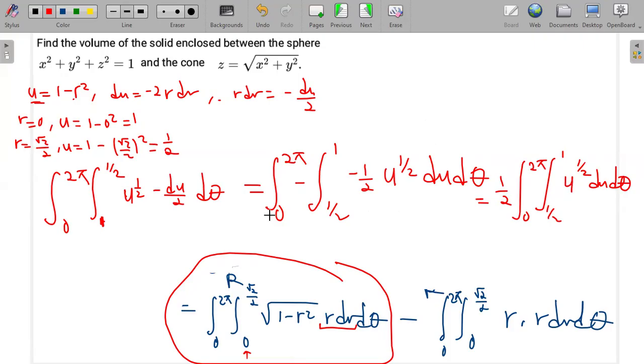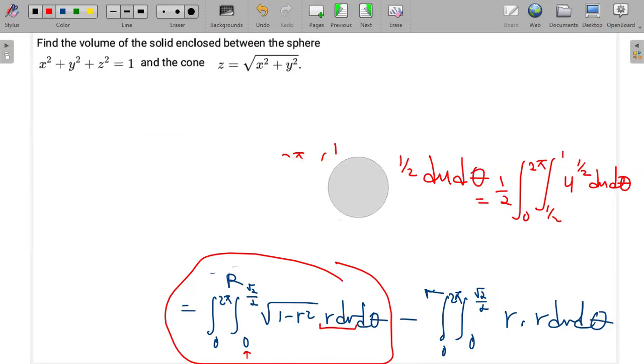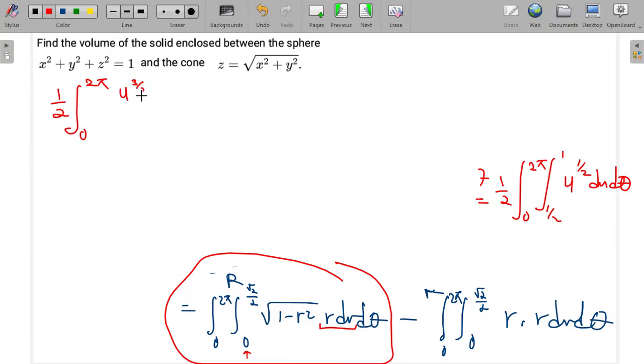So we can actually evaluate that. Let's evaluate it. I have half, 0 to 2 pi. If I integrate u to the power half, I get u to the 3 over 2 over 3 over 2, with limits 1 and half. Then we just have to substitute. But this 3 over 2 we can multiply with this 2.